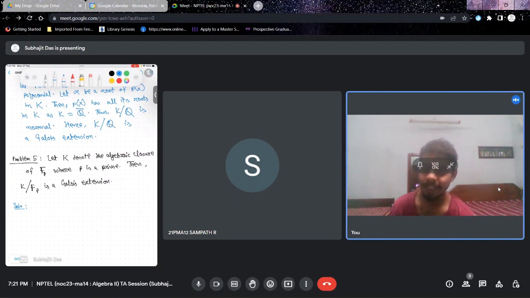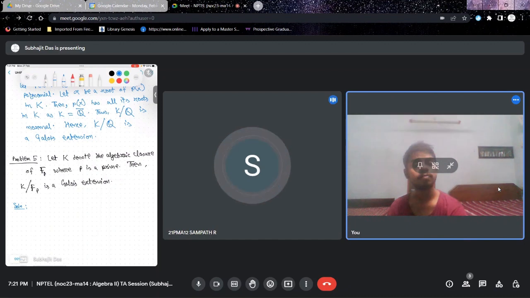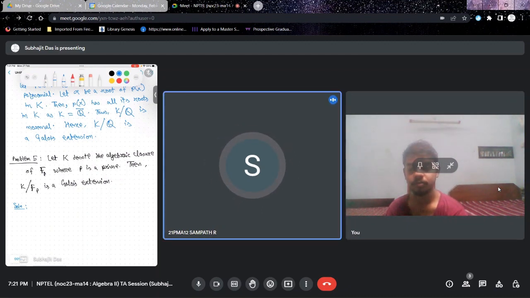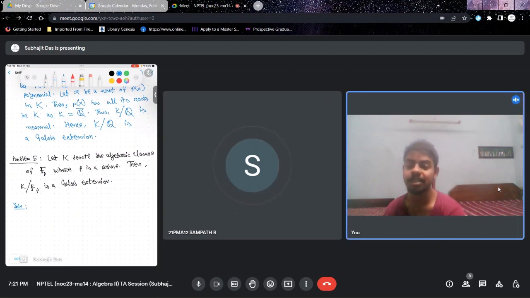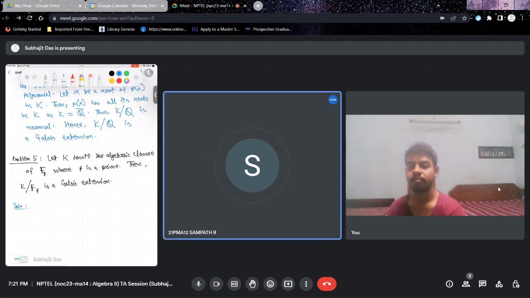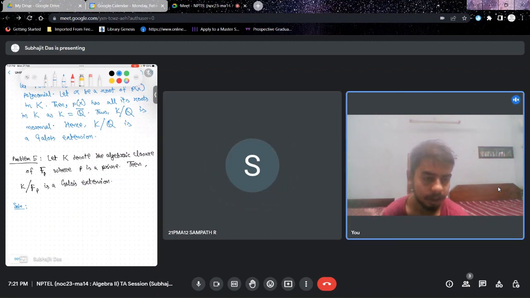To check whether this is a Galois extension, what you need to figure out is that this is an algebraic extension, a separable extension, as well as a normal extension. So first of all, let's go step by step. Is this algebraic or not?